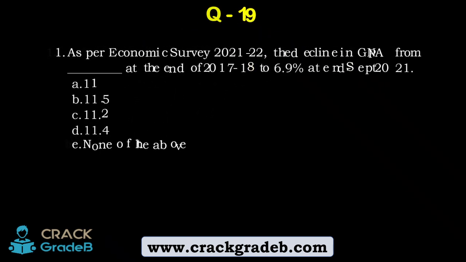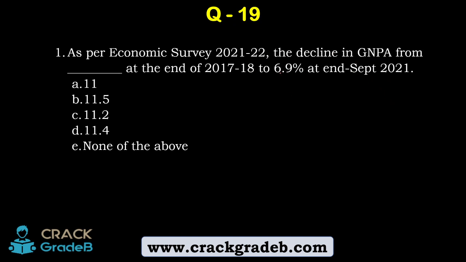Let's move to question number 19. As per Economic Survey 21-22, the decline in GNPA from dash at the end of 17-18 to 6.9% at the end of September 2021. While we were doing this question, initially we thought to ask you this.